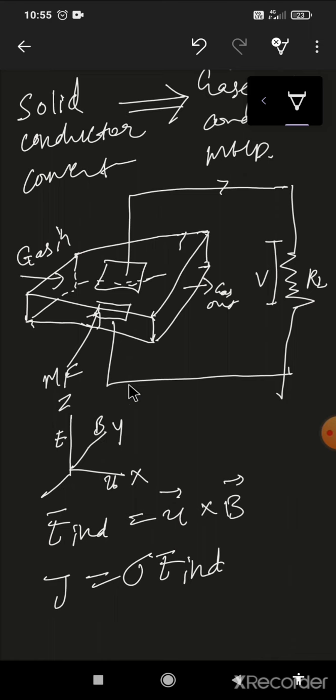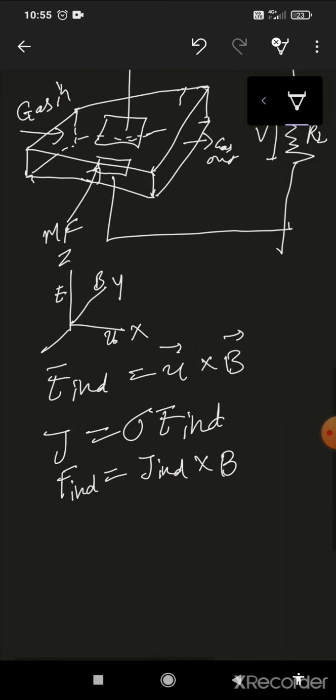The retarding force on the conductor is the Lorentz force, and that is given by force induced equal to J induced into B. So J induced into B is the induced current density into the magnetic field intensity.